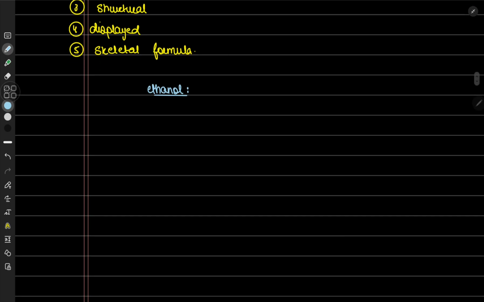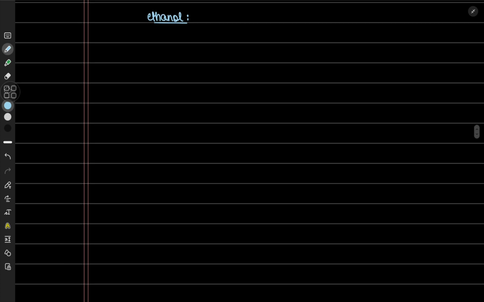So ethanol is a compound that has 2 carbons bonded to an alcohol, right? So here is the structure for ethanol. As you can see, we show each and every single one of the bonds inside ethanol.